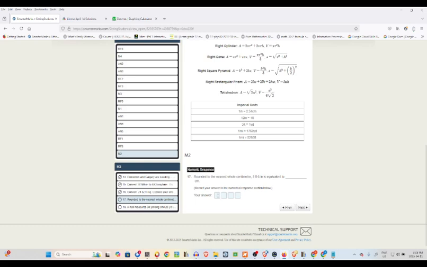Now rounded to the nearest whole centimeter, 5 feet 6 inches. 5 feet, 5 times 12 makes 60, plus 6 more, this is 66 inches, times 2.54 gives us 167.64, or to the nearest whole, 168 centimeters.